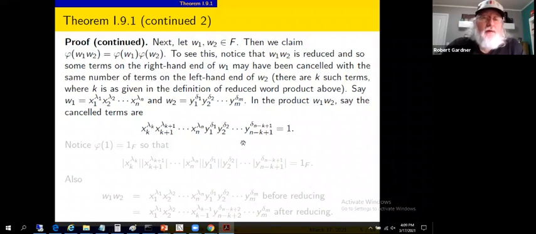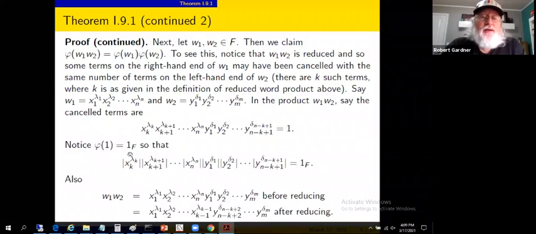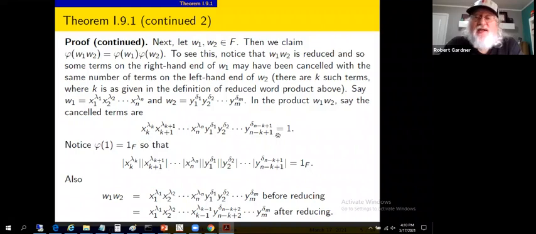Now, phi of 1 equals the identity on set F. That was how we defined phi of the empty word 1. So if we apply phi to this representation of 1, that'll produce the identity on F. And when we apply phi to this, remember phi simply took a reduced word and associated it with these particular mappings, these permutations.